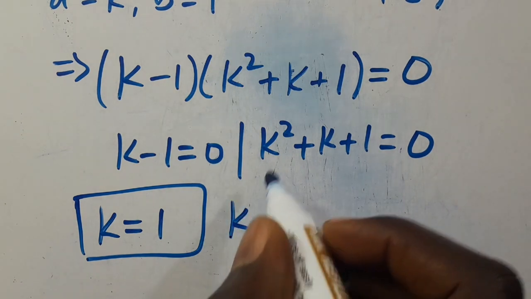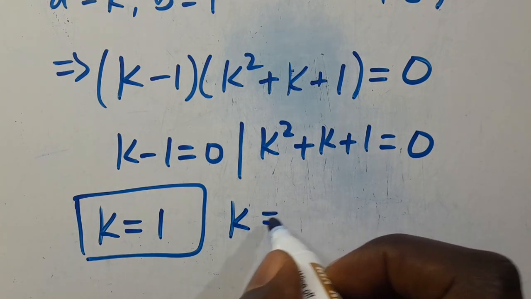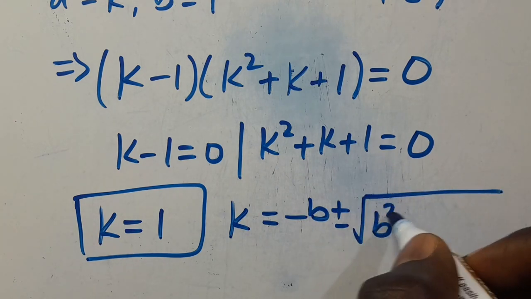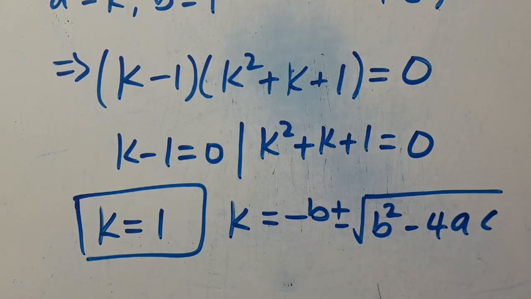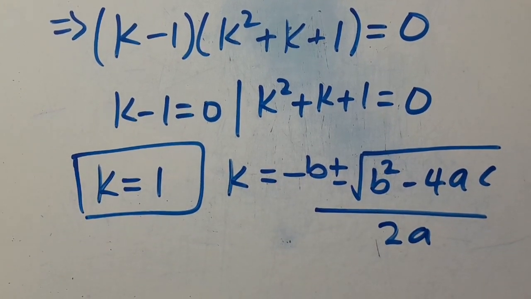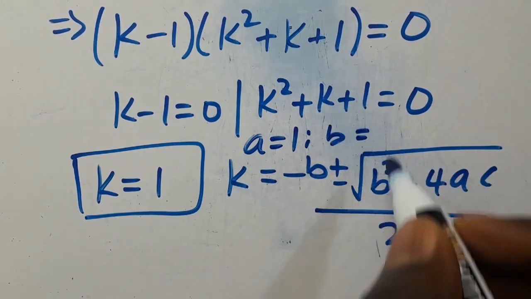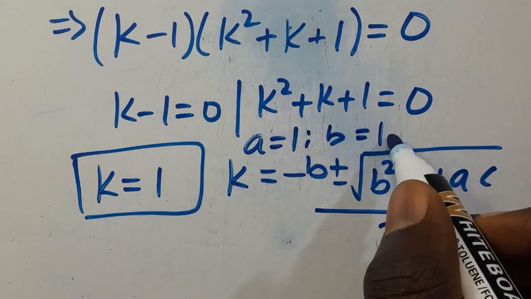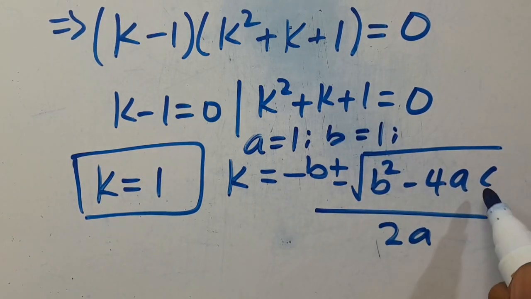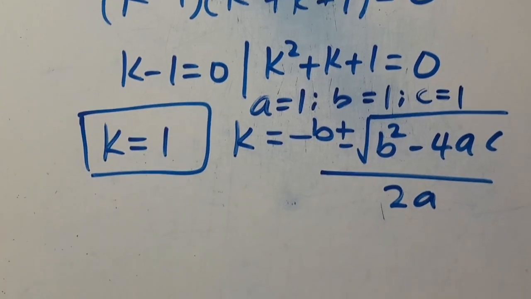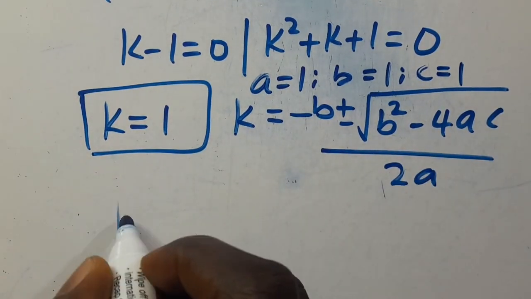From here also we can get the possible value of k by using the quadratic formula, k equals minus b, positive or negative, square root of b squared minus 4ac, then all divided by 2a. It is obvious that the parameter a from here is the coefficient of k squared, 1. Parameter b is the coefficient of k, 1, while the parameter c is the constant 1, which is equals 1.